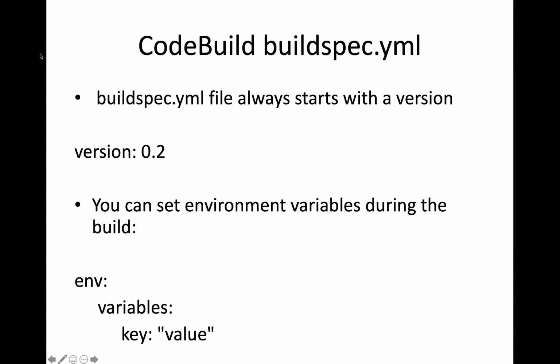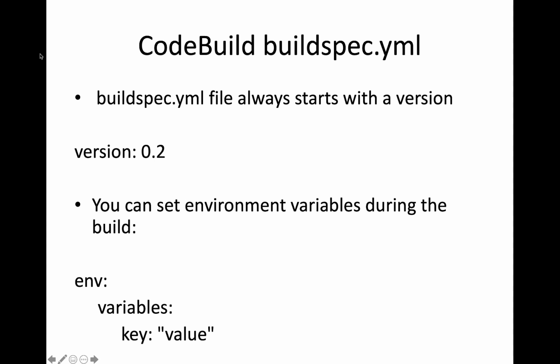Every buildspec.yaml file has to start with a version. At the time this video was recorded, the current buildspec version is 0.2. So at the very top of your YAML file, you're going to start with a version. Below that, you can define environment variables. These are optional. You don't have to set them, but there are many cases where it's advantageous to set environment variables during the build process.